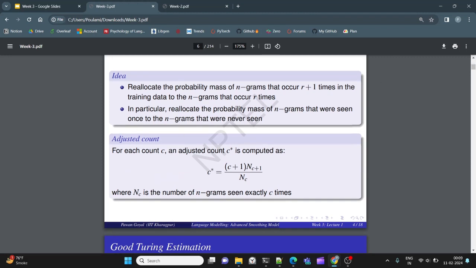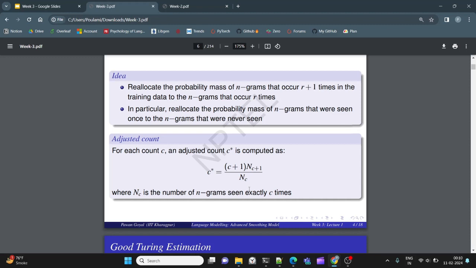So for each count c, an adjusted count c star, how is it computed? It is computed as follows. C star would be c plus 1 times N c plus 1 divided by N c. So that is what you get over here.